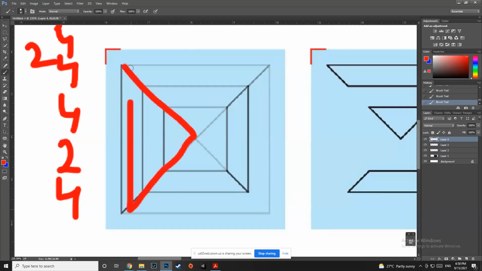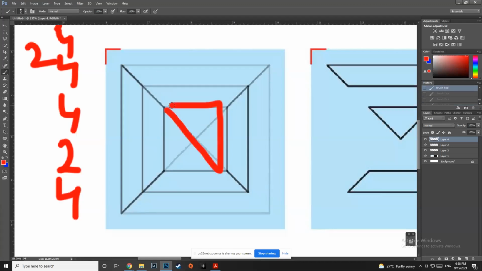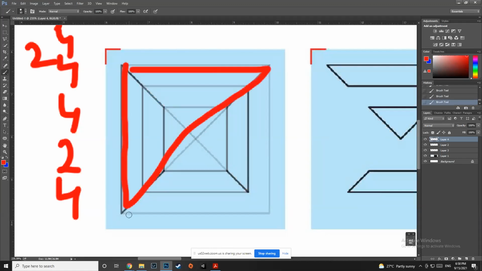Because these we have already counted, right? Are there any triangles that we're missing? I don't think so as well. So, 4 of these, 2 of these, right? Then 4 of these, right? 4 of these, and then 2 of these, right?